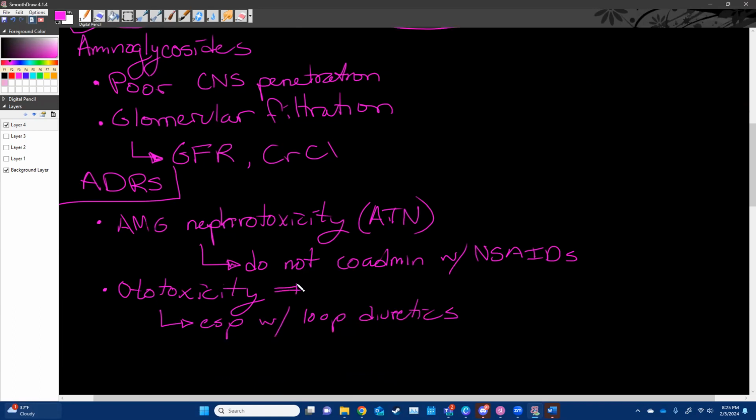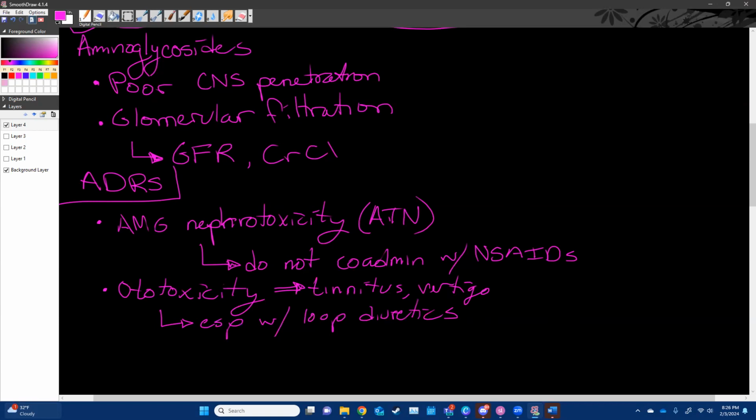The biggest thing here is that you end up getting things like tinnitus, vertigo. You're completely throwing off the vestibular cochlear ability of the ear. And so while the nephrotoxicity is reversible, you are permanently damaging someone's hearing, which is why assessing the hearing ability of someone before they go through aminoglycoside therapy can be really, really important.